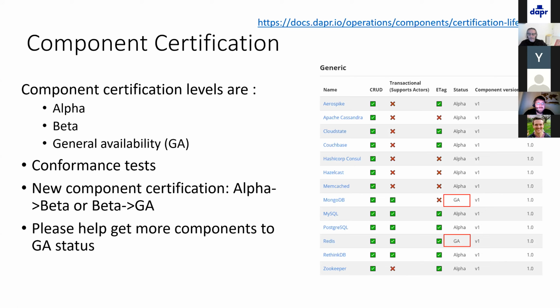And if you are using it in production, please go to the issue for the particular component or create one, and verify that you're using it so we can get more and more of these components into GA status. That's a big ask that we have, to help us make sure we have full verification of these components so that we understand where they are in their certification process.